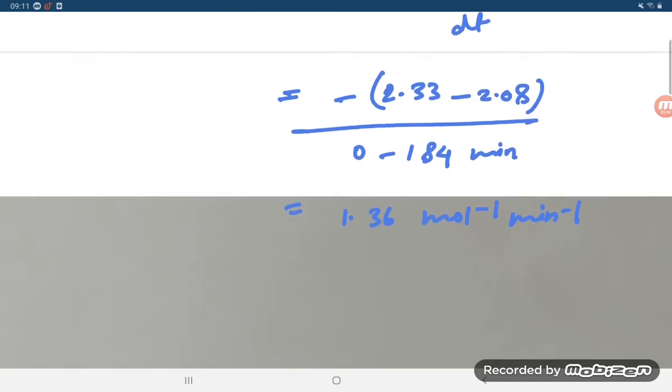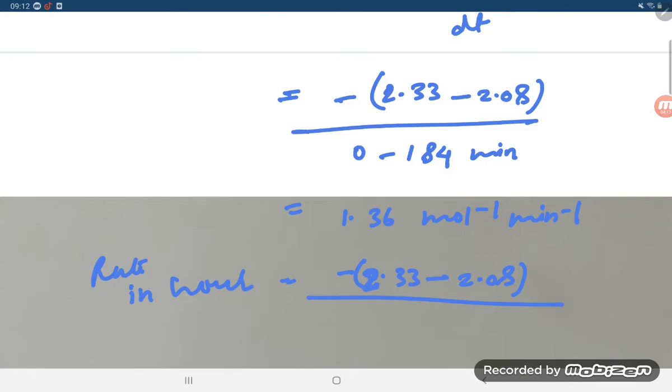Now if you are converting this into hours, the rate in hours, how to calculate? This is in minutes, so divide by 60. So the rate of reaction in hours is minus 2.33 minus 2.08, divided by 184 by 60, right?